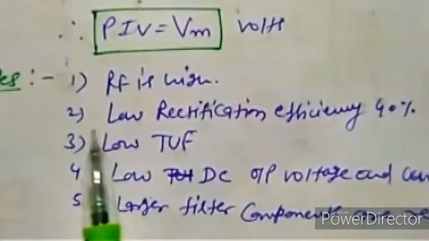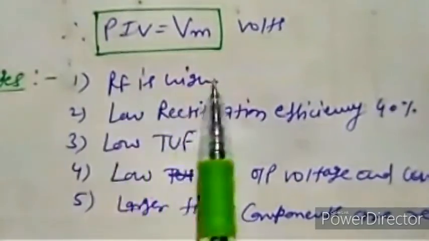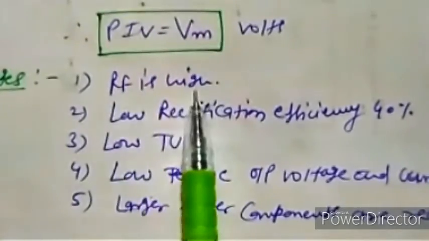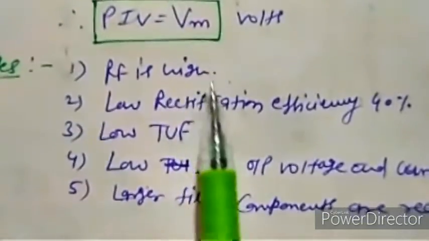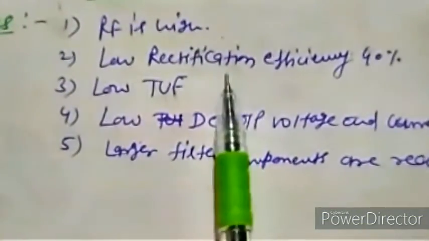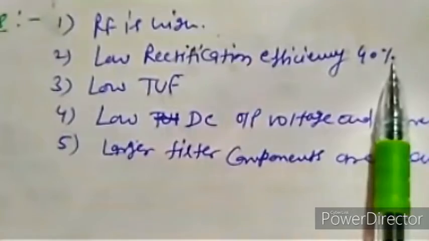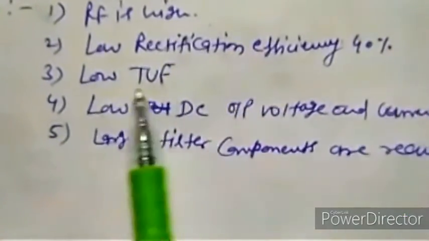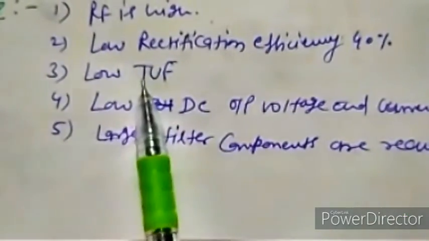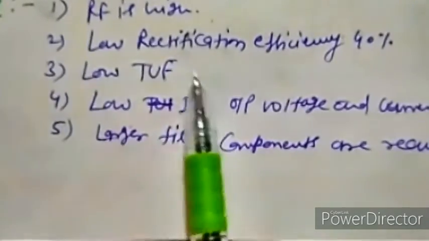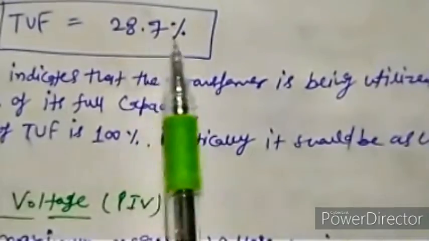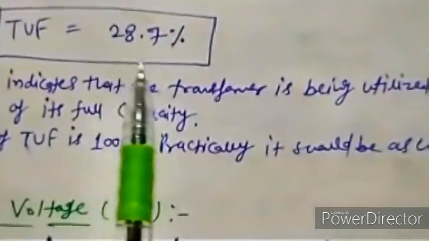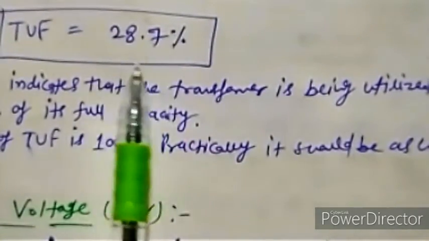The disadvantages of the half wave rectifier are: RF is high, meaning the ripple factor is high, 121% as we have already calculated; low rectification efficiency, which is only 40%; and low transformer utilization factor, 28.7%, meaning the transformer is utilized only 28.7%.